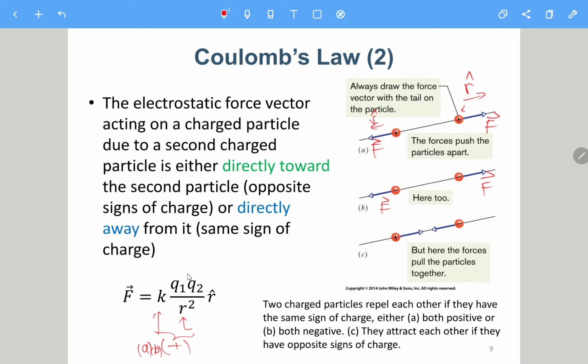Positive times negative, or negative times positive, is negative. So for case C, the polarity of this term is negative. So this force should have the opposite direction to the unit vector, which means that this is our r hat, and the force should point the other way around. In this case, these two charges with opposite signs attract each other.